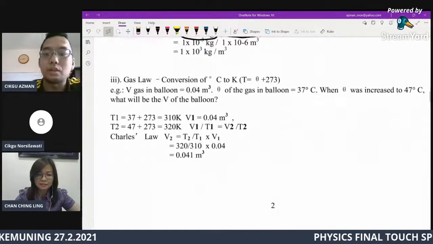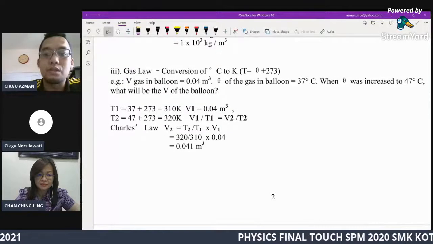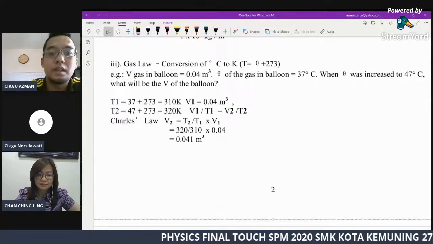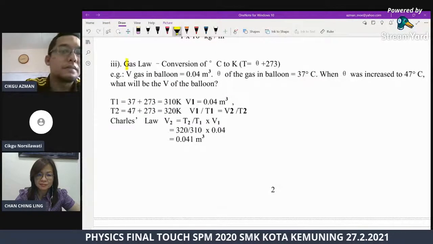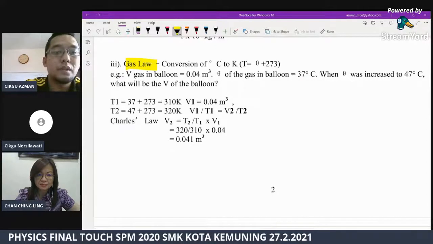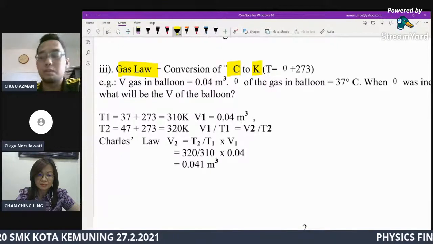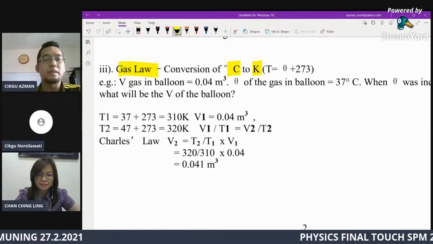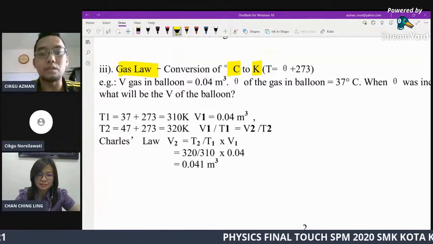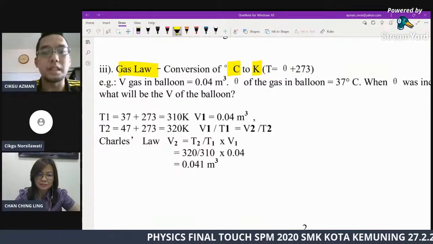Sebab tu cikgu highlight kan, so that you don't do in exam. Okay, gas law. Conversion of degree Celsius to Kelvin. Ini pun selalu. Always forget to change the unit.